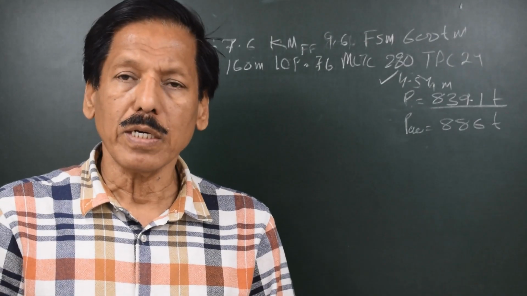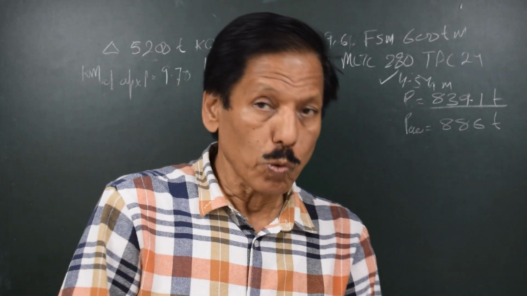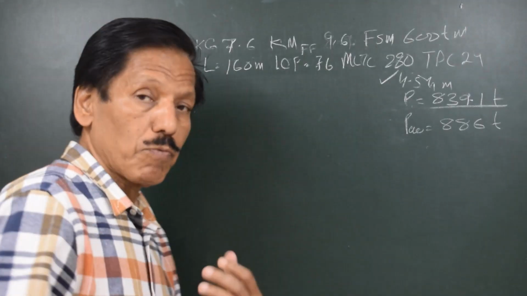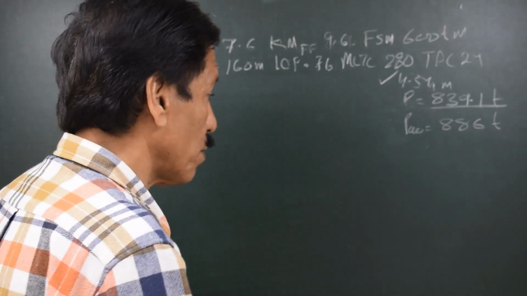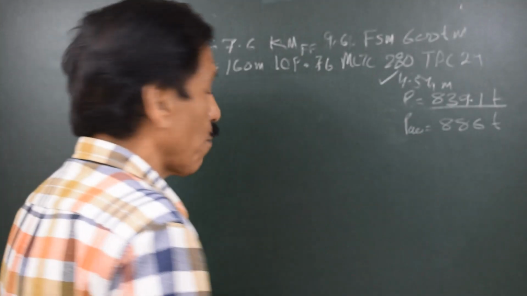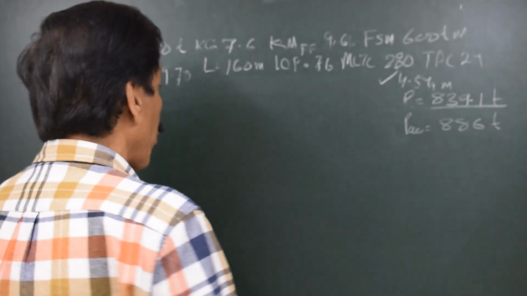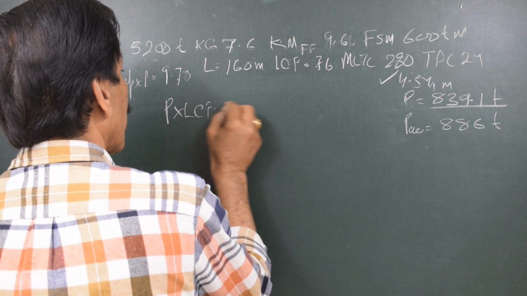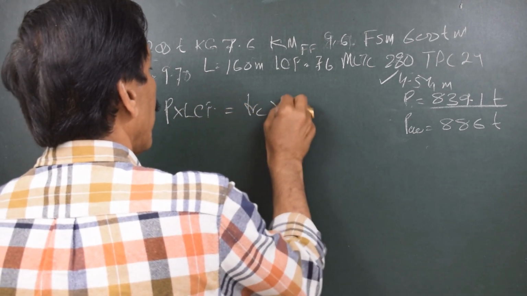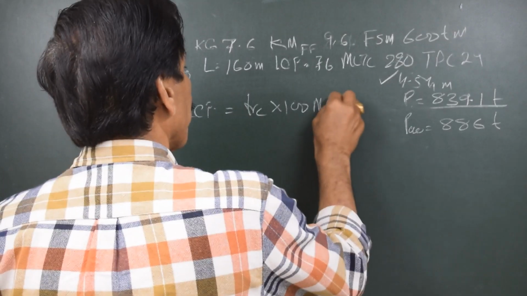So this is the unique dry docking question where we do not know the initial trim. In fact, we have to find out what is the trim with which the vessel must arrive at the dry dock. We are missing that equation. And what is that equation? That equation is P into LCF is equal to trim change into 100 MCTC.